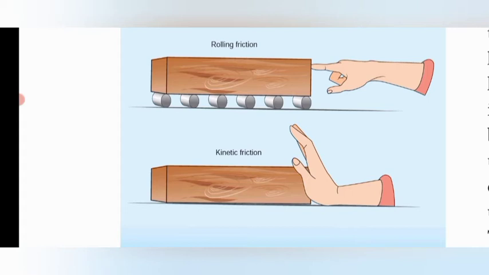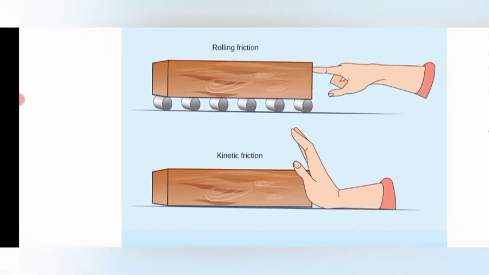Friction is produced here too, because there is a point of contact when rolling, but only for a fraction of a second. For kinetic friction, the point of contact and the area are large, so it is difficult to move. Compared to kinetic friction, it is easy to move the object with rolling friction.